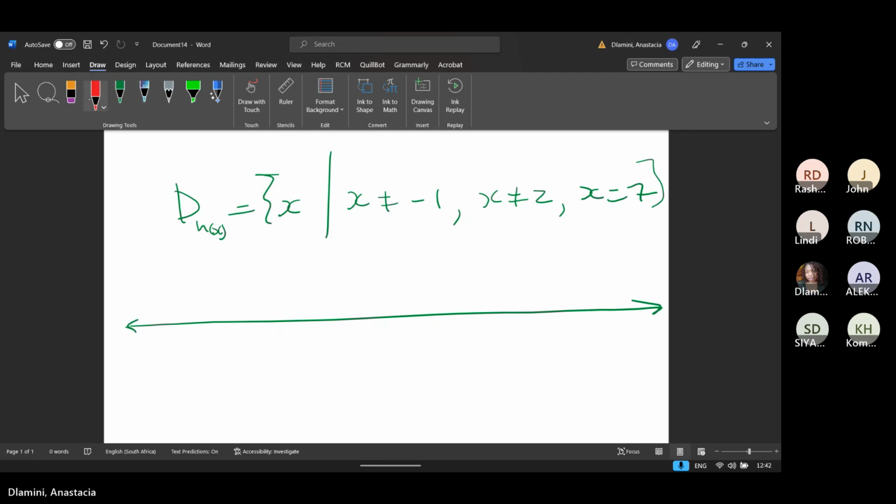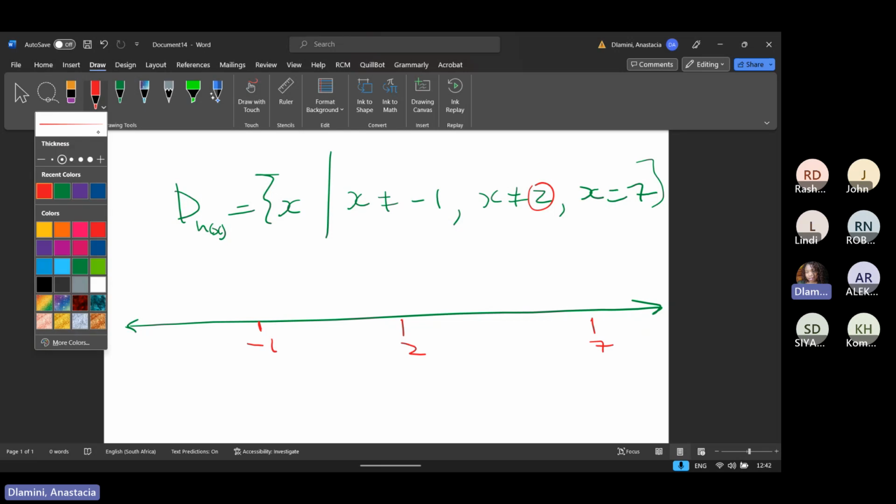You draw your -1, you draw your 2, you draw your 7.